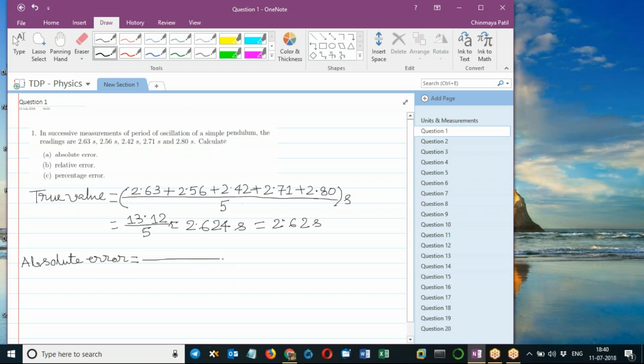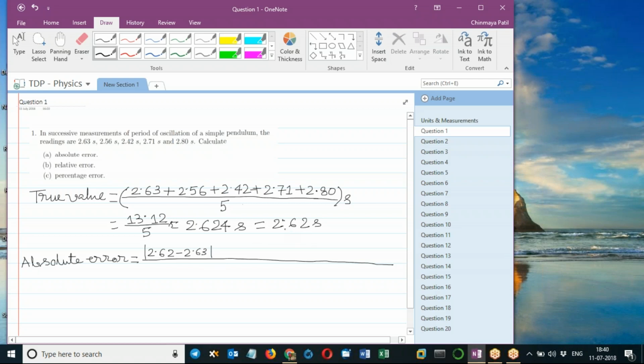As I say, you need to find the mod of 2.62 minus 2.63. That is the first error, isn't it?